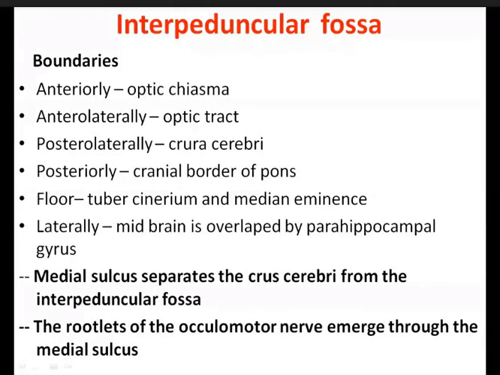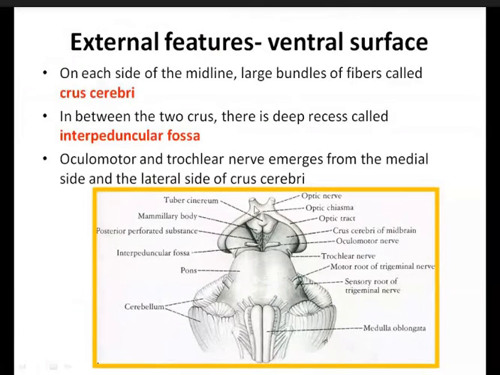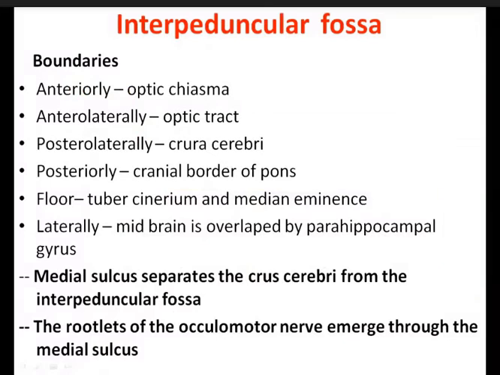Talking about the interpeduncular fossa, the depression or recess between the crura cerebri, it is bounded anteriorly by the optic chiasma, as we have seen just now. Anterolaterally is the optic tract, which forms the pathway for the optic nerve.